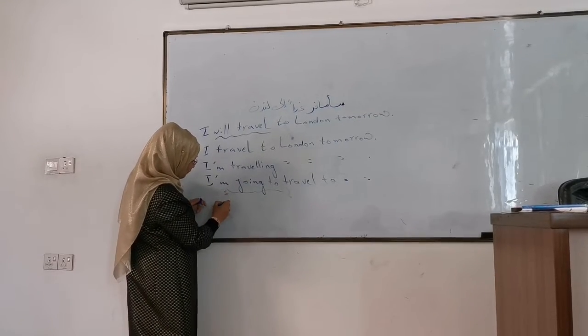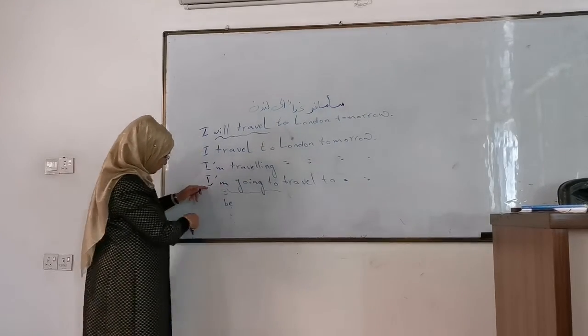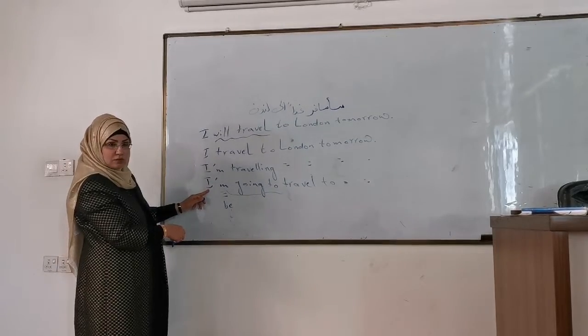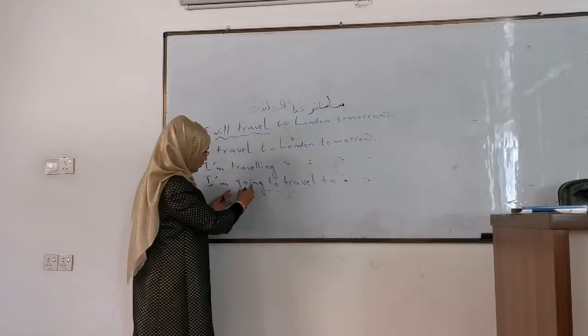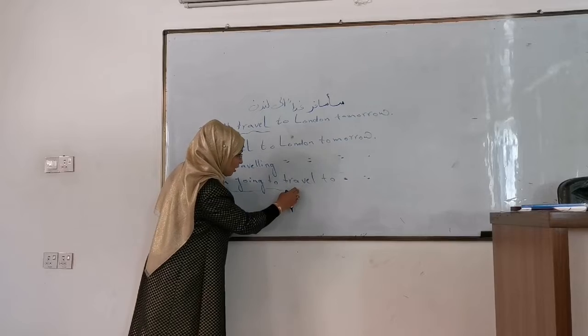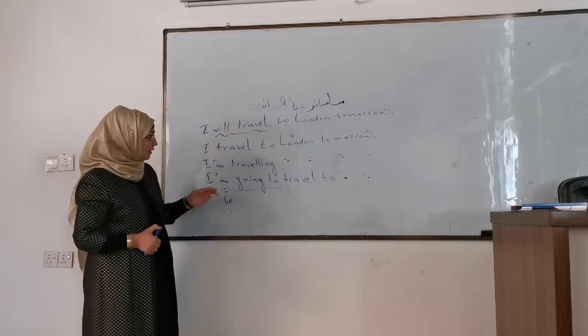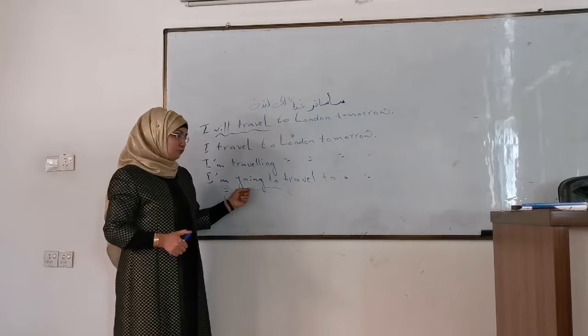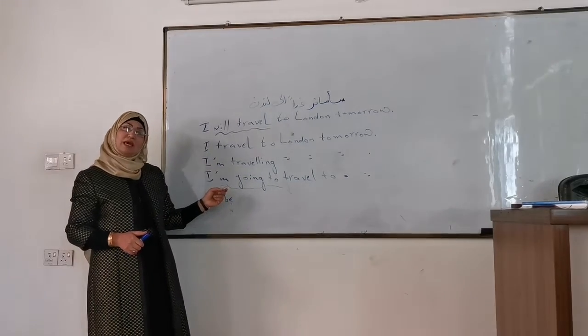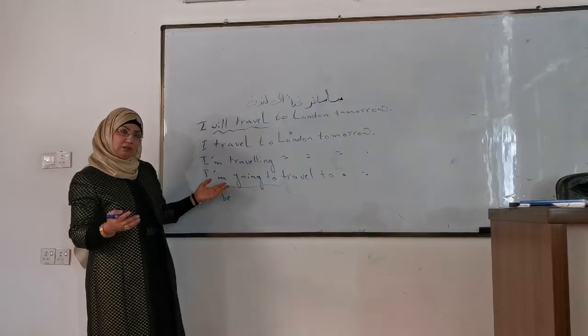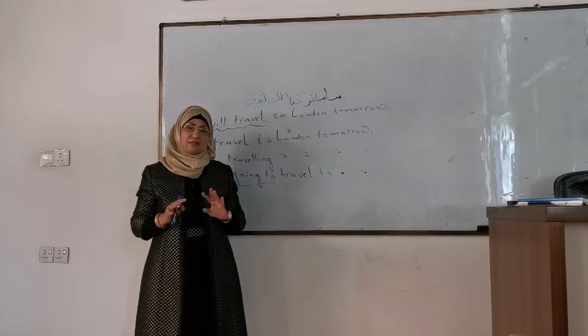Don't forget here the verb to be, because of the subject I use here. Going to plus the infinitive or the base form. Here it indicates future, but we can say سوف. The meaning is the same.